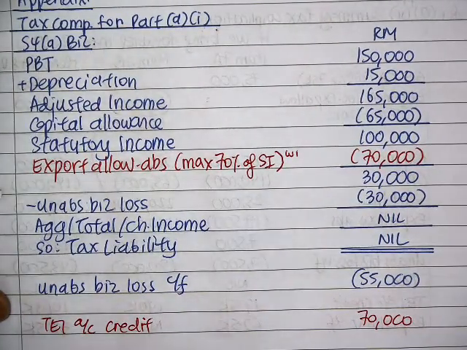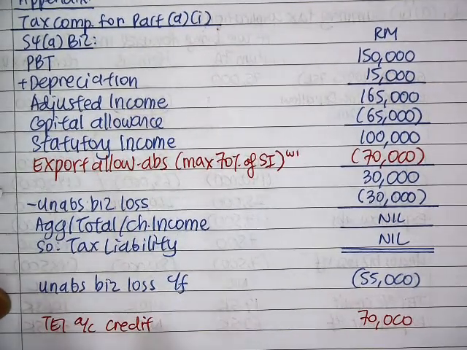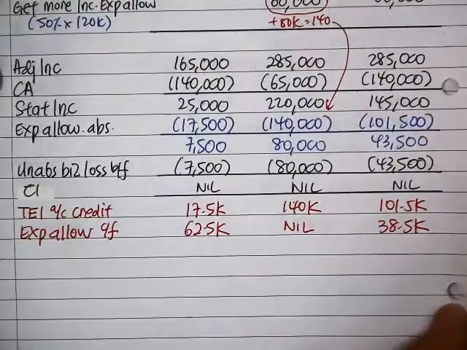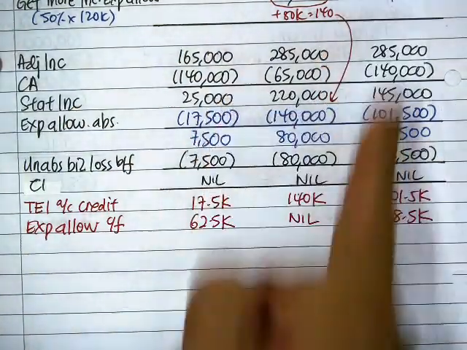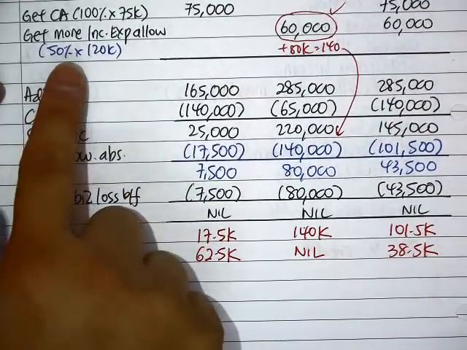So which one do you feel is different or not? Now of course at first glance I really see for Y09 there's no difference, right? Here got no tax. This one also got no tax. This one also got no tax. This one got no tax. Can you see now? Now then number 2, you can claim more CA.